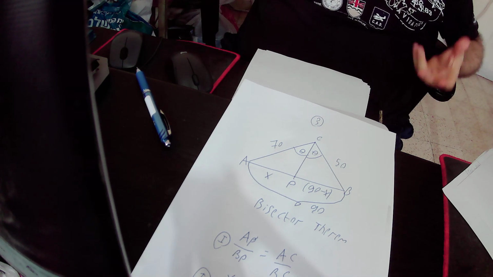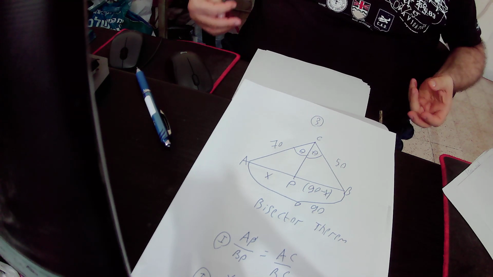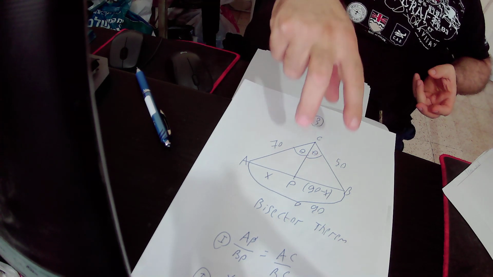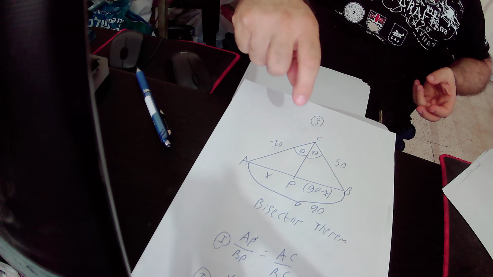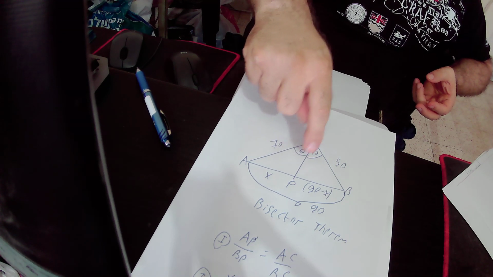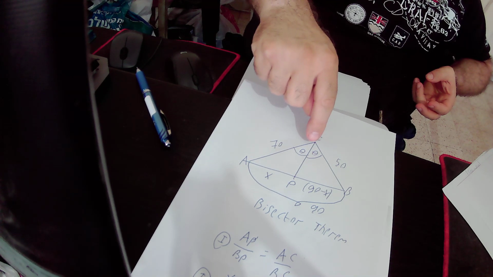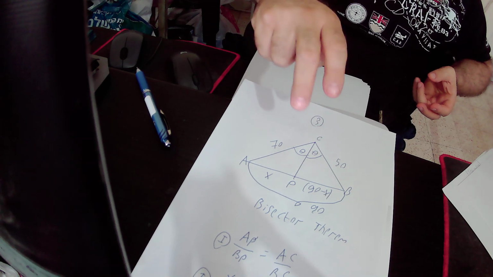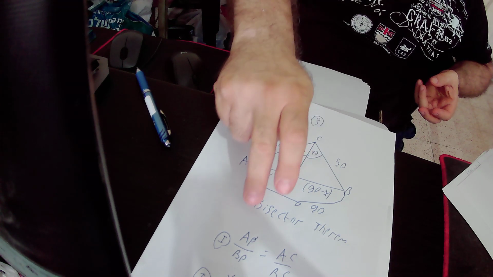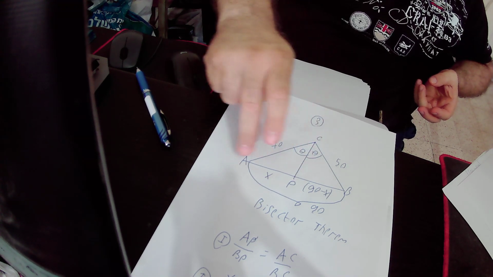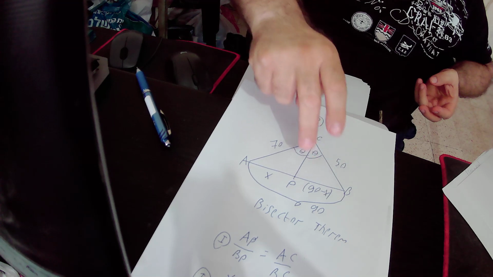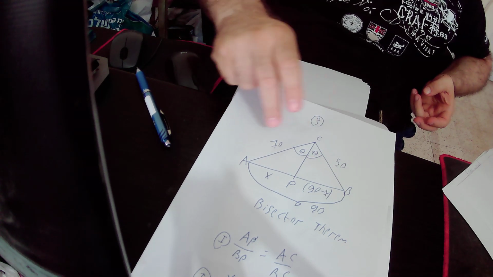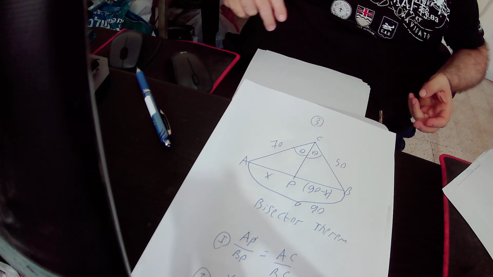Okay, so according to the bisector theorem, if in a triangle ABC we have a line that bisects this angle into two equal parts, then AP over BP equals AC over BC.